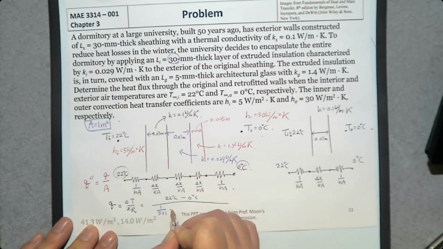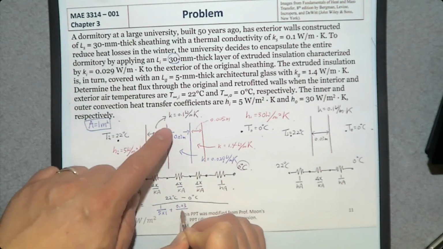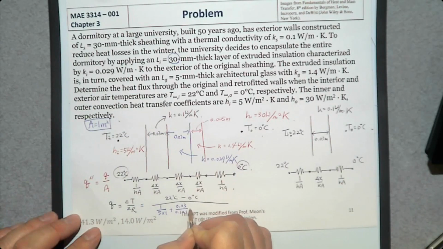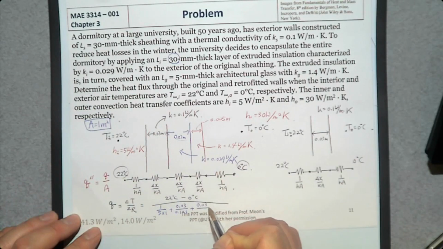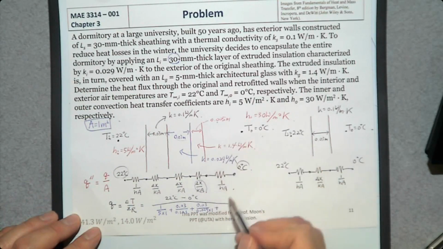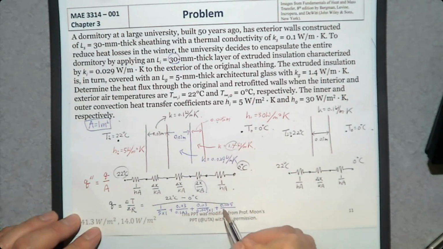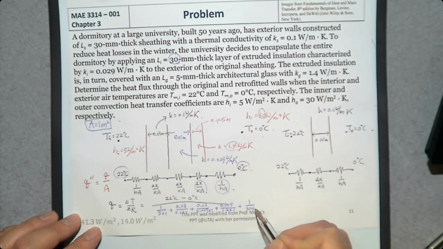5 times 1, plus delta X, 0.03 divided by k, 0.1 times 1, plus the thickness of this one, 0.03 divided by 0.029 times 1, plus another conduction resistance, 0.005 divided by the thermal conductivity, 1.4 times 1, plus convection outside, 1 over 30 times 1.